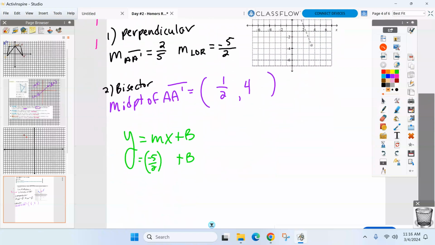In for y is going to go 4, and in for x is going to go 1/2. That is why you need to find the midpoint, because I need a point to plug in that's on the line of reflection. And yeah, you're going to start getting some decimals and fractions. It's not going to be pretty every time.